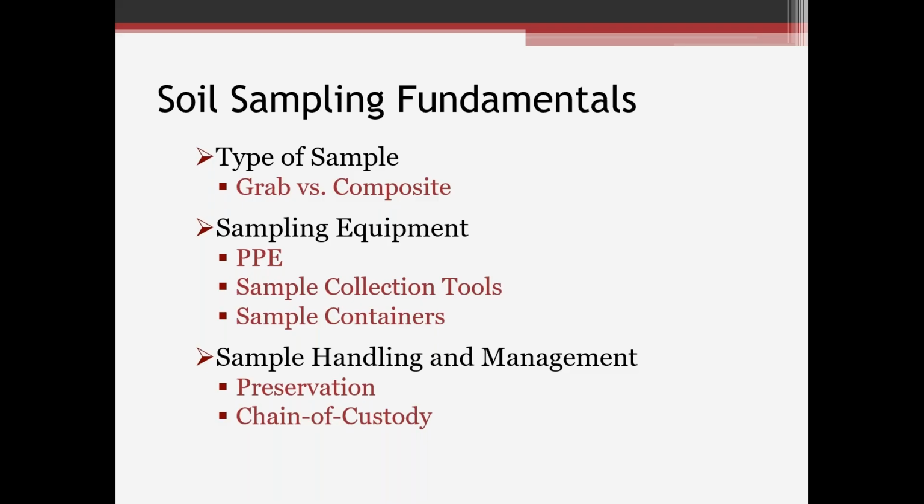Then going into sample handling management, the containers you select are going to be specific to the analysis you're doing. Some are going to have preservatives to make sure that you are able to collect the sample and get it to the laboratory and have that sample stay in good status before it gets analyzed. And there are going to be hold times depending on the analysis as well. So you don't want to extend over those hold times, because again, you're going to have questionable sample data if you get to that point.